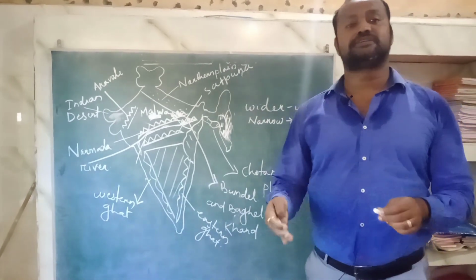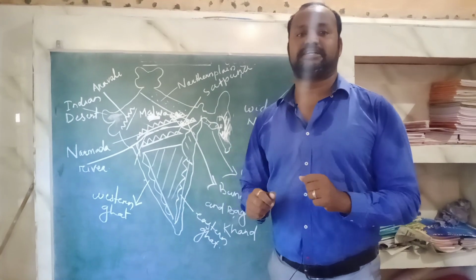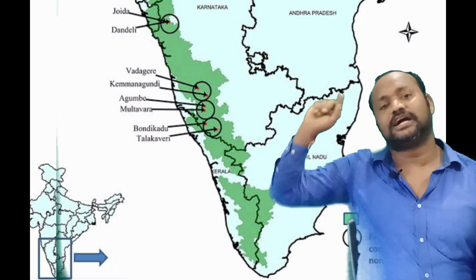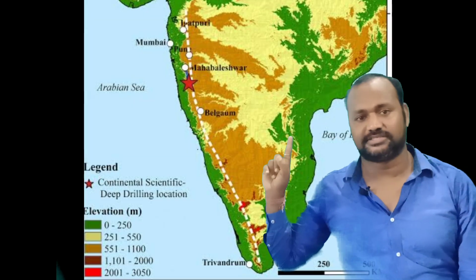Next we are going to discuss the difference between the Eastern Ghat and Western Ghat. The Eastern Ghat and Western Ghat are located on the eastern and western edges of the Deccan Plateau. First we discuss the Western Ghat, then we will go to the Eastern Ghat.